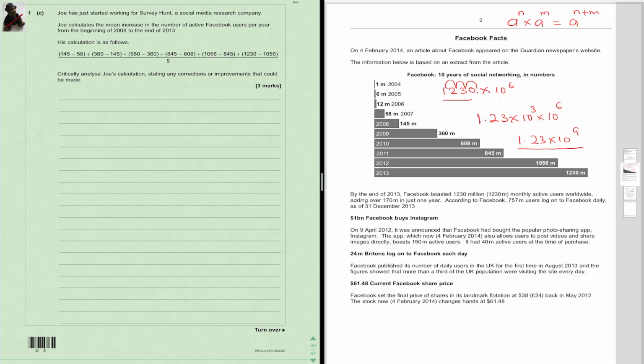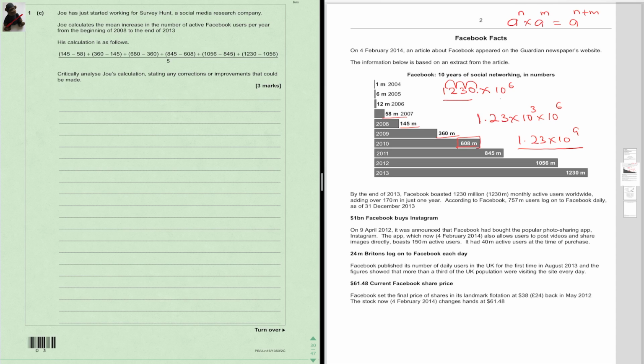So from these calculations, Joe is looking at these values and then working out the mean starting from 2008. And we can see 145 here and 58 million, 145 million, 360 there, and also 608, but Joe wrote 680, so that was a mistake there.